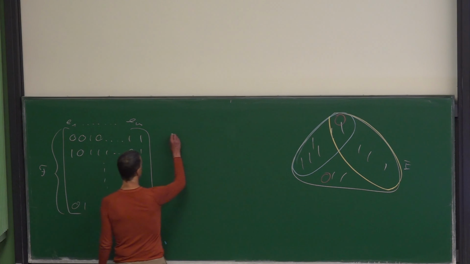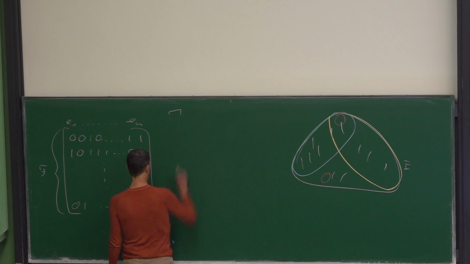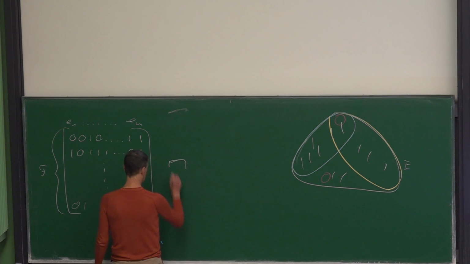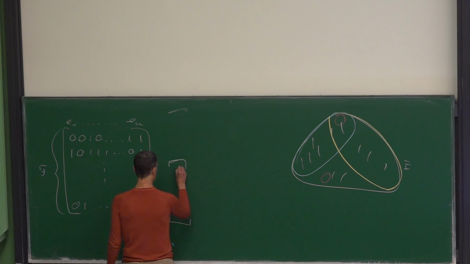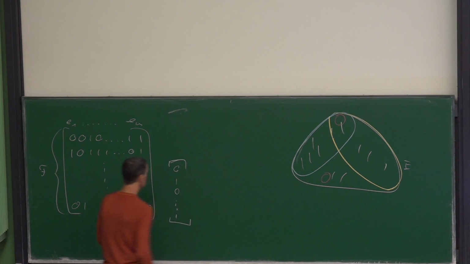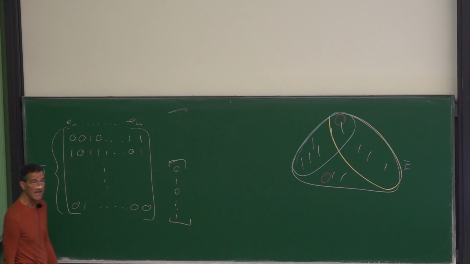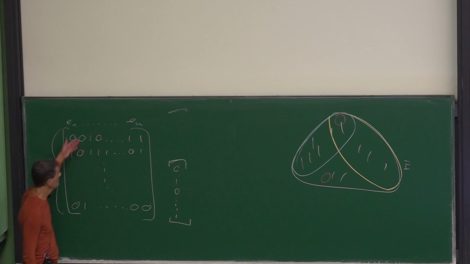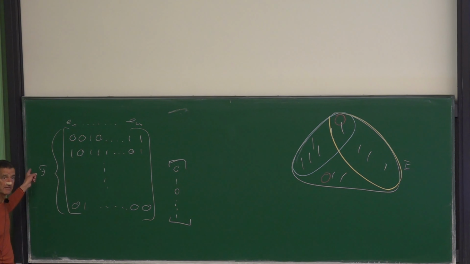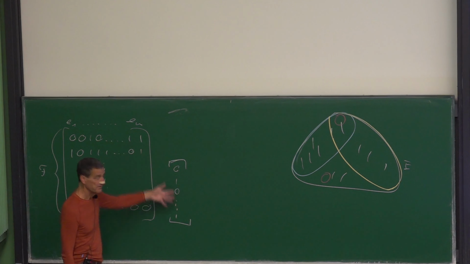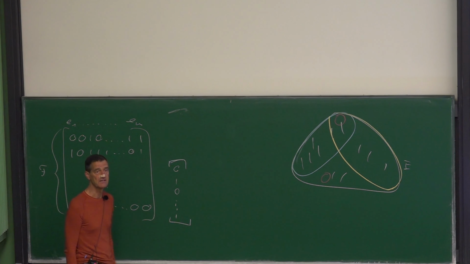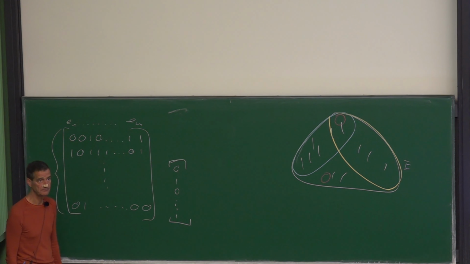Well, the kernel consists of all those elements of the edge space which give 0 in their dot product with every element of curly F. That's the definition of the kernel, but that was also the definition of the orthogonal subspace.